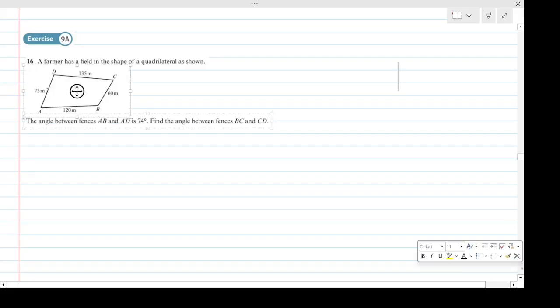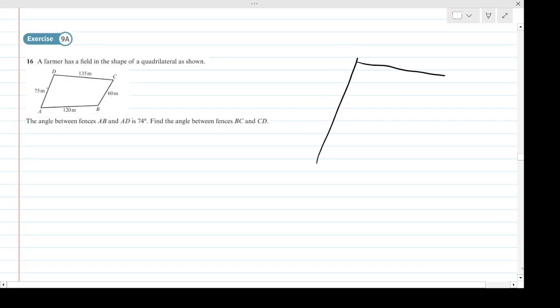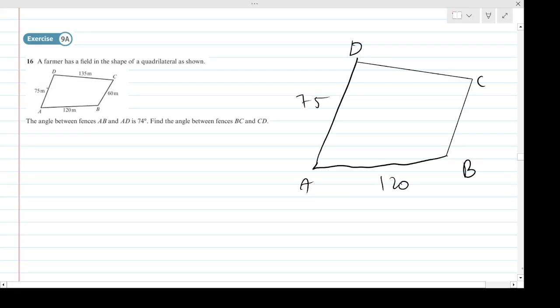I'll tell you what, I'm going to make a bigger diagram myself. So I'm copying what they're giving me, but making it a bit bigger. So AD, CB. Now AB is 120, AD is 75, 135 there, and 60 here.